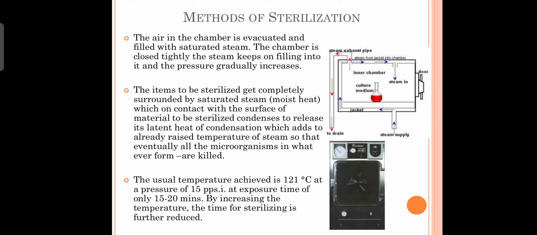The usual temperature achieved is 121 degrees centigrade at a pressure of 15 psi, at an exposure time of only 15 to 20 minutes. By increasing the temperature, the time for sterilizing is further reduced. If you increase the pressure, you have to reduce the time. Normally we use 130 degrees centigrade and 15 psi pressure for 15 to 20 minutes.